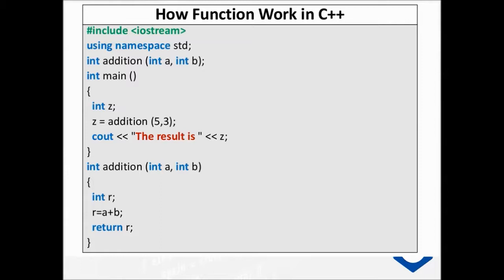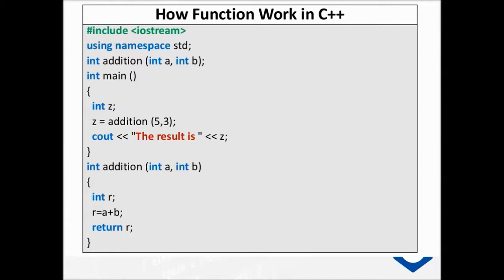As we want to return a value into the variable z, we use return type int, and then we write the function name addition, and then we use two formal variables, int a, int b, because we want to add 5 and 3. 5 is an integer value and 3 is an integer value, so we use int a and int b.